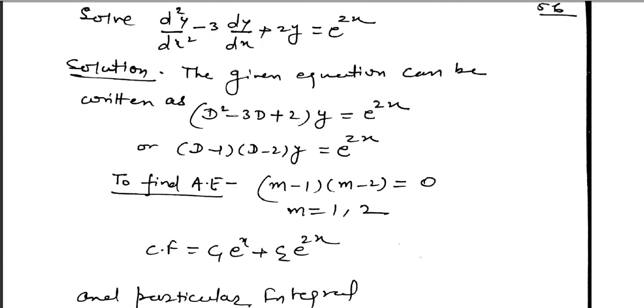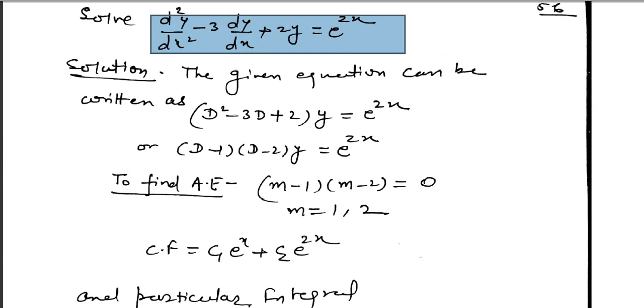The problem is d square y minus 3 dy by dx plus 2y is equal to e to the power 2x.